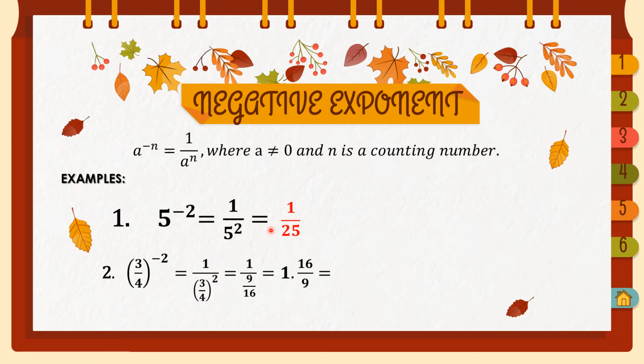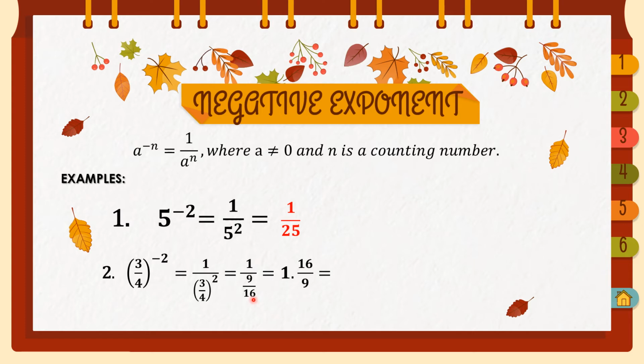Number 2. What if ganito ang given, naka-fraction? Quantity 3/4 raised to negative 2. 1 divided by quantity 3/4 raised to 2. So, ibababa lang din natin para magiging positive po yung exponent. Is equal to 1 divided by, you need to multiply the base twice by itself. So, 3 times 3, that is 9. 4 times 4, that is equal to 16.